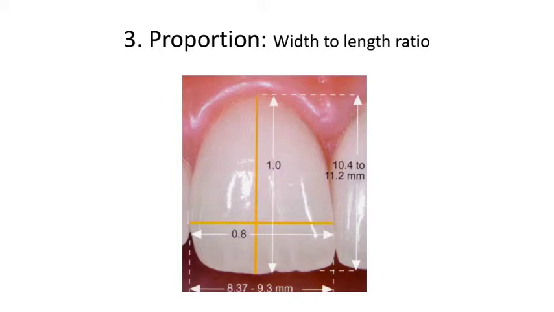They found that these natural teeth ranged between 10.4 and just over 11 millimeters in length, and generally they were just over 8 to just over 9 millimeters in width. So that gives us a width to length ratio of about 80%. 75 to 80% is considered ideal.